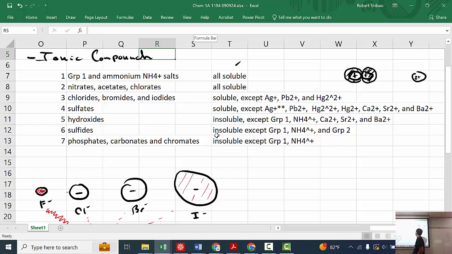And so there's certain things that we might consider. It's calcium, strontium, and barium. What happened to beryllium and magnesium? Group 2 starts off with beryllium, magnesium, calcium, strontium, barium. What happened to beryllium and magnesium?